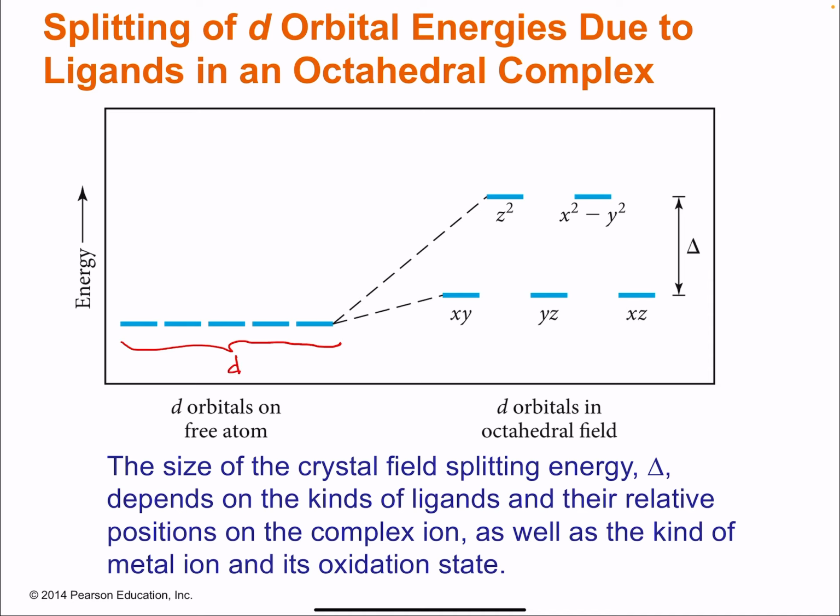For example, the first row of the d are the 3d levels, and there are so many electrons in here. And these electrons, together with the lone pair of the ligand, cause the splitting. So this is called the octahedral complex splitting pattern. And you can see that the on-axis orbitals are sitting at a higher energy level.